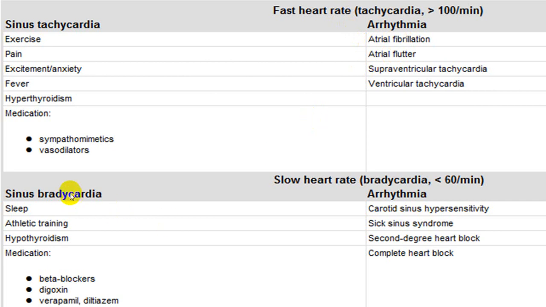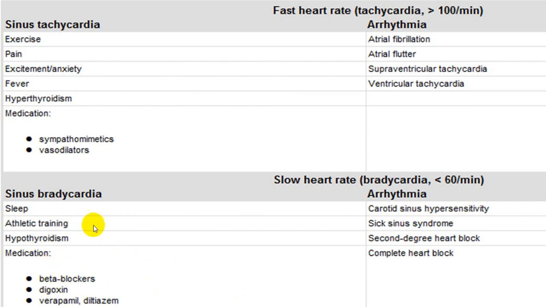Now, when the pulse rate is less than 60, we call it bradycardia, which can be during deep sleep, in athletes, hypothyroidism, and certain drugs we call ABCD. A for amiodarone, B for beta blocker, C for calcium channel blocker, that is verapamil and diltiazem, and D for digoxin. Here we had forgotten to mention A for amiodarone.